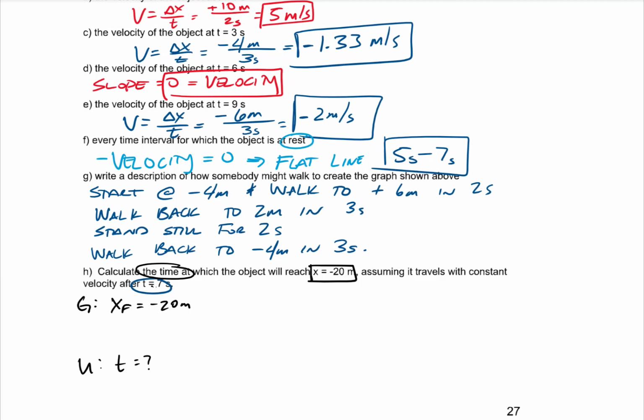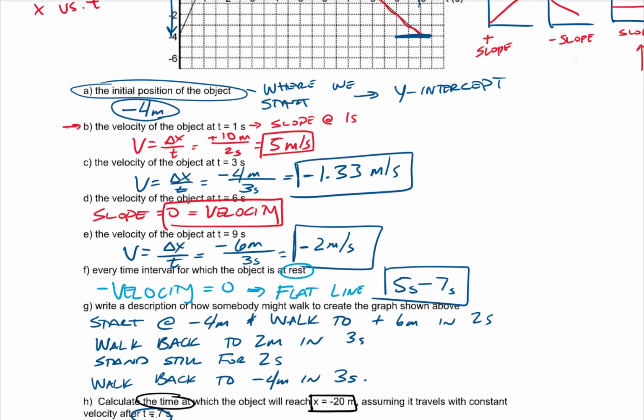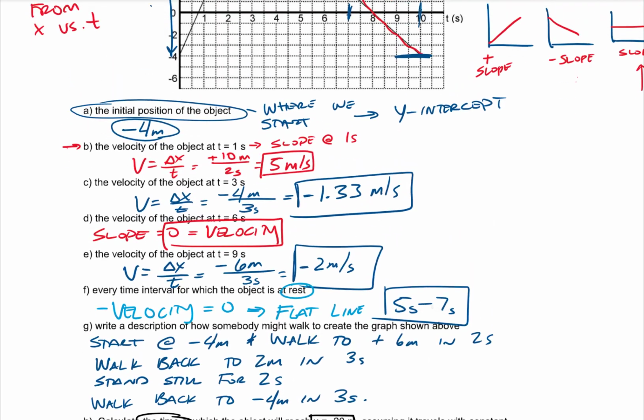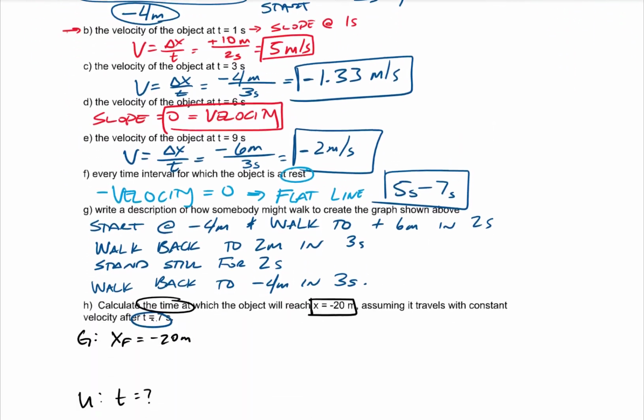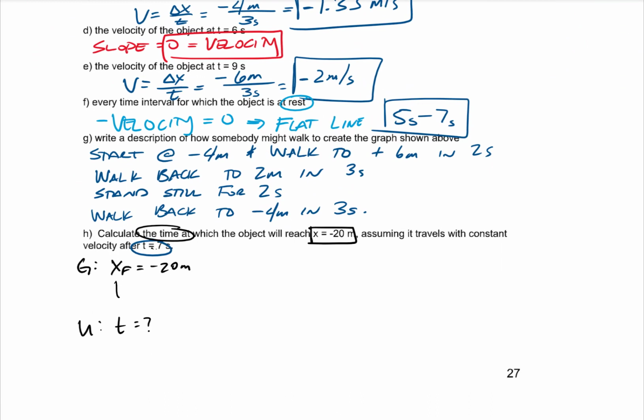At 7 seconds, I know some things. First, I know that at 7 seconds, my velocity begins to be -2 meters per second. So my velocity is -2 meters per second.